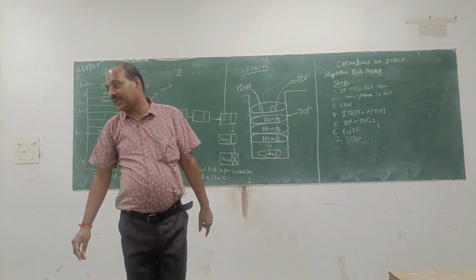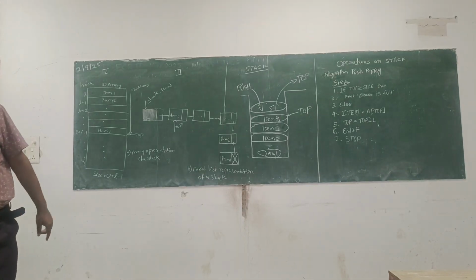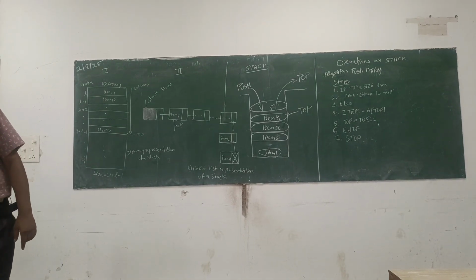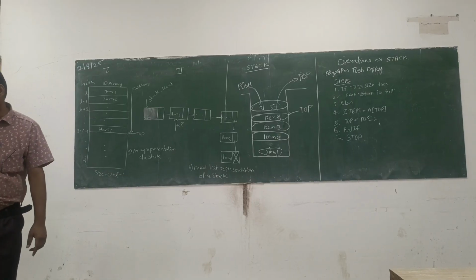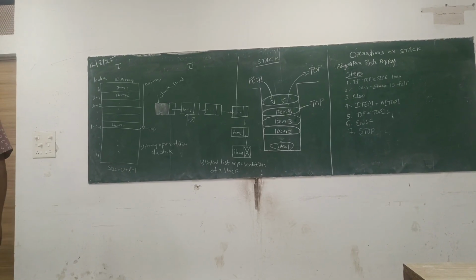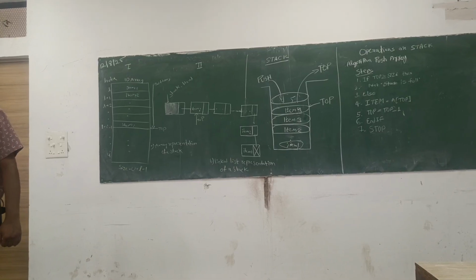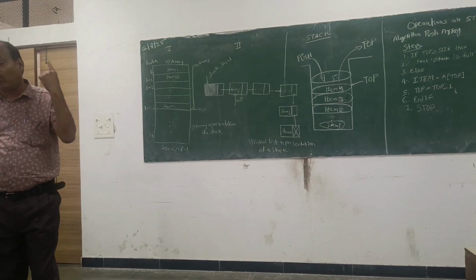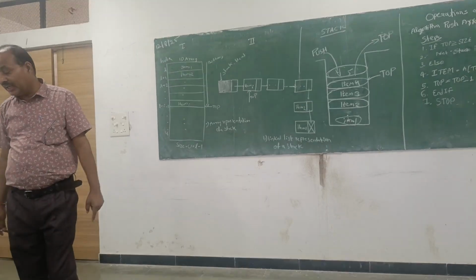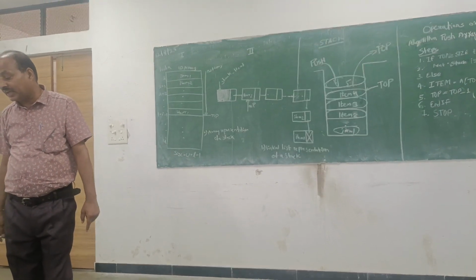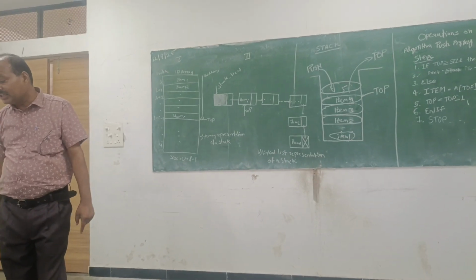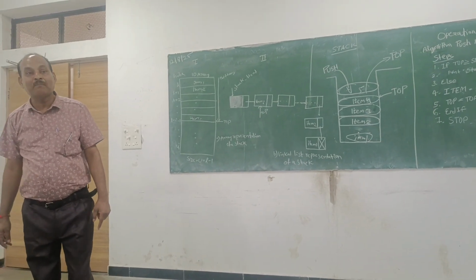So a stack is a collection of similar items, or homogeneous data elements, where insertion and deletion operations take place at one end only. The insertion and deletion operations in the case of a stack are especially termed push and pop.